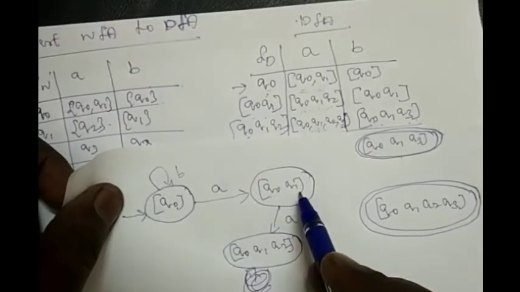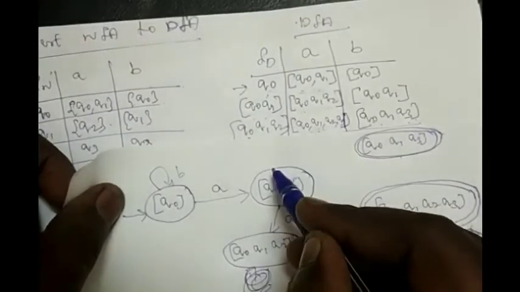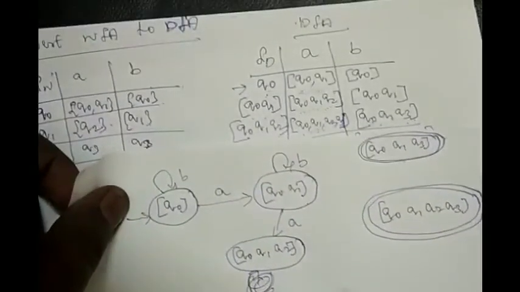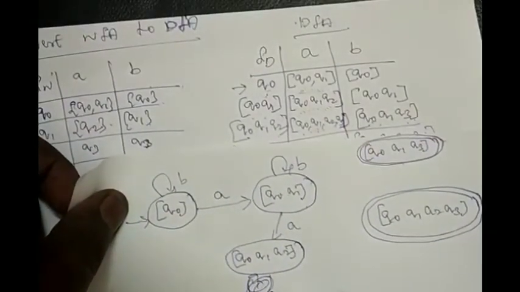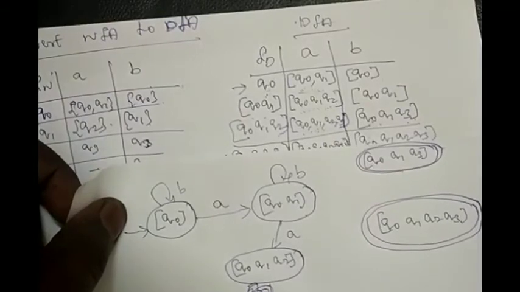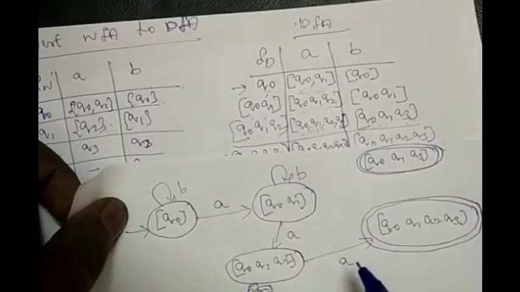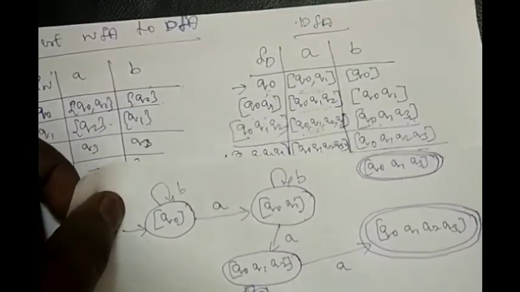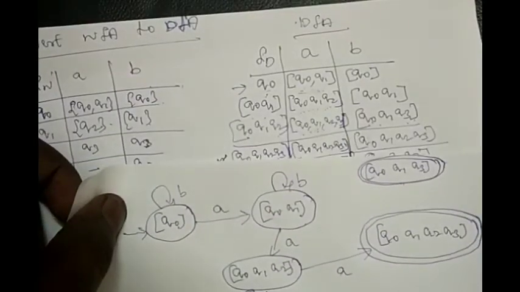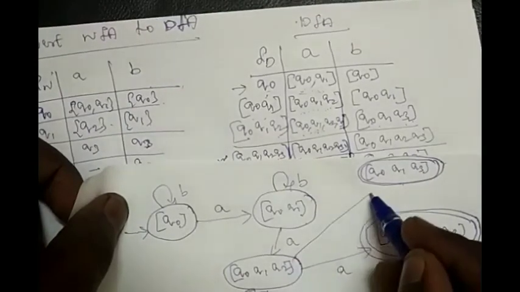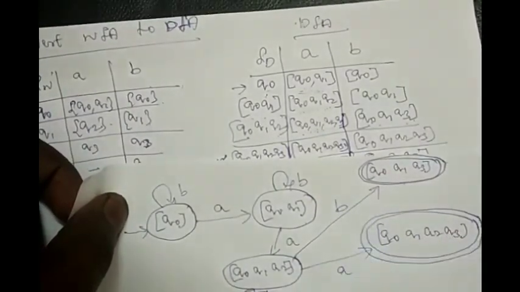When B is applied, it goes to Q0, Q1 itself. So I just make a loop here, B. And in Q0, Q1 and Q2, if A is applied, it goes to Q0, Q1, Q2 and Q3. So A goes here. When B is applied, it goes to Q0, Q1 and Q3. So I just make B here.